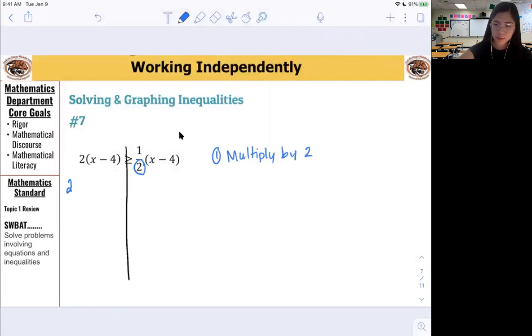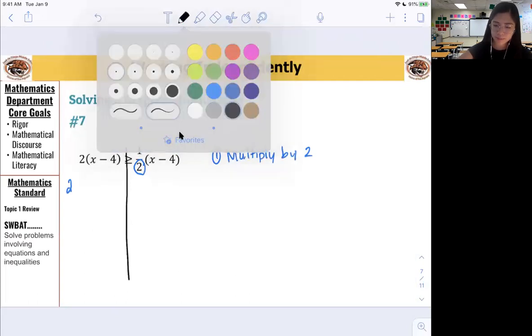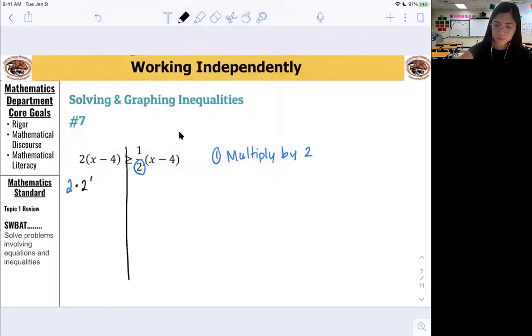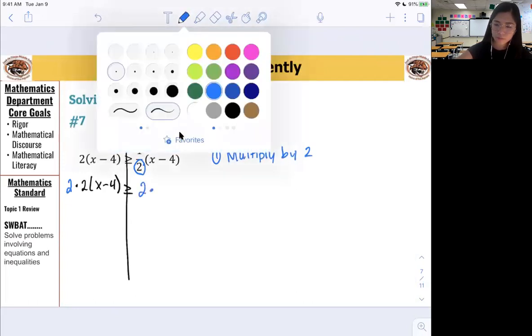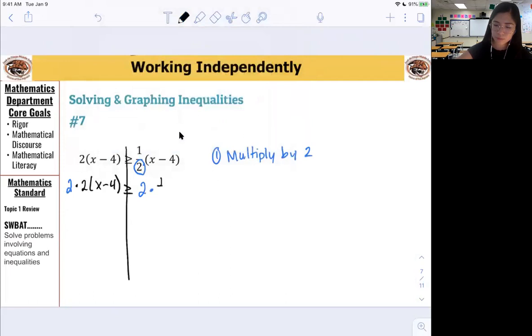So I'm multiplying by 2 on the left. I'm multiplying by 2 on the right. And what happens? On the left, I have parentheses, and everything in those parentheses is basically being protected. It's not going to be touched by my multiplication property.